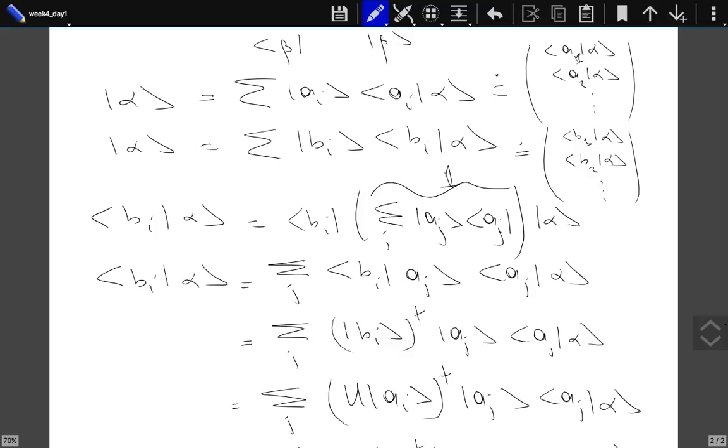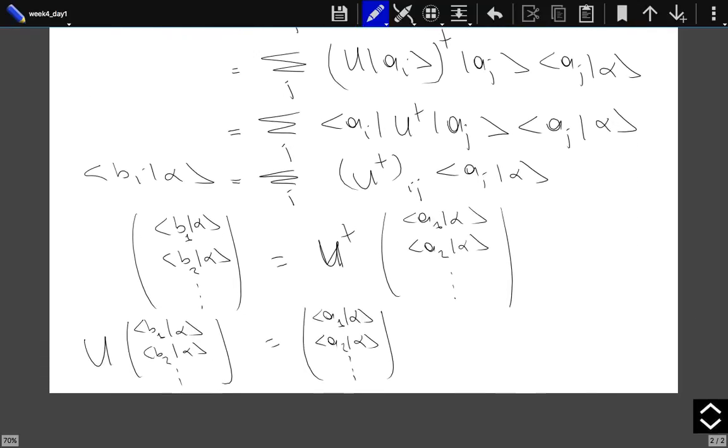And the transformation between these two things is obtained by this unitary matrix U. This unitary operator U maps the representation of the same ket from one basis to the other basis.